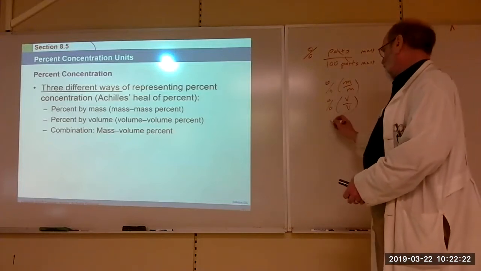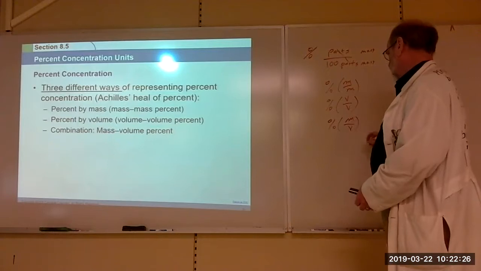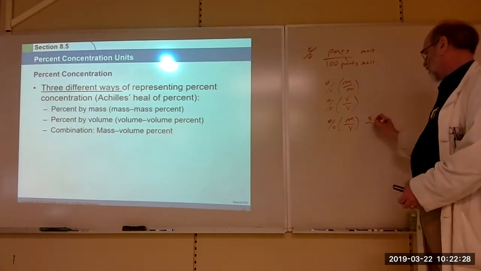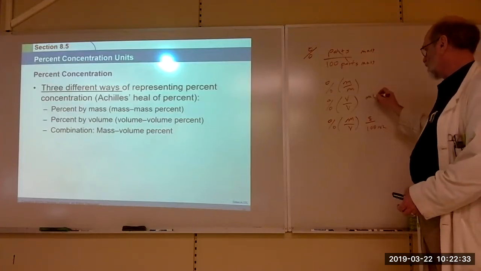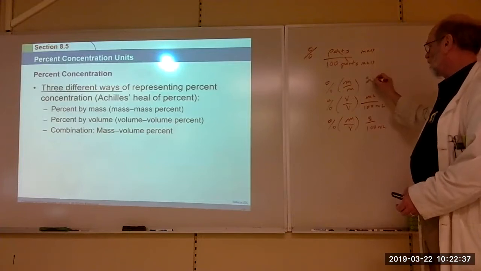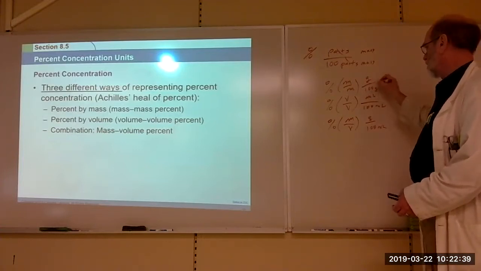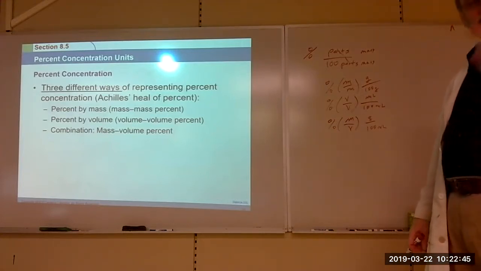Or a combination. Is it mass, volume? So that would be so many grams per 100 milliliters. This would be milliliters per 100 milliliters. This would be grams per 100 grams. Okay? That's the problem with percent. You've got to be specific.